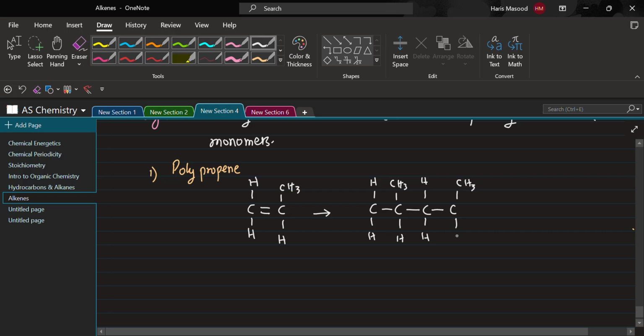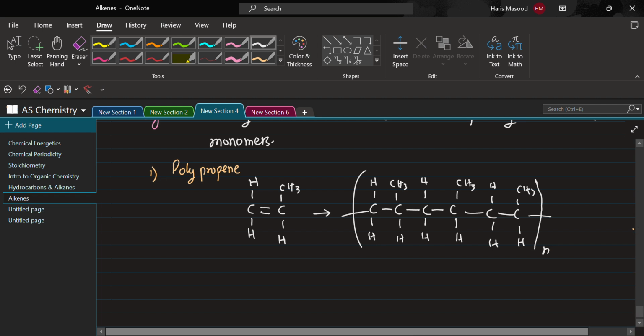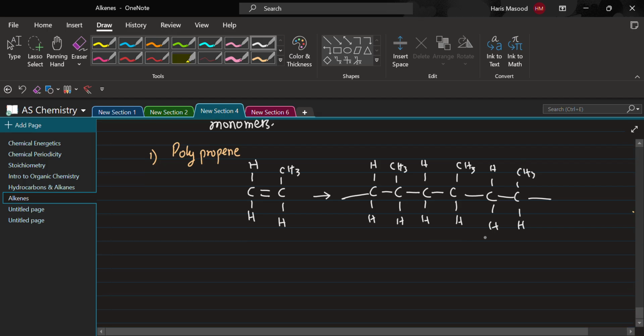CH3, then H. Okay, then again on the other side H, CH3, H, and so on. The cycle goes on. I'll just make a bracket and n. Okay, we usually don't make the brackets in this one. I'll just extend the chain. Okay, I just added the bonds on both sides to show that this is a long chain.